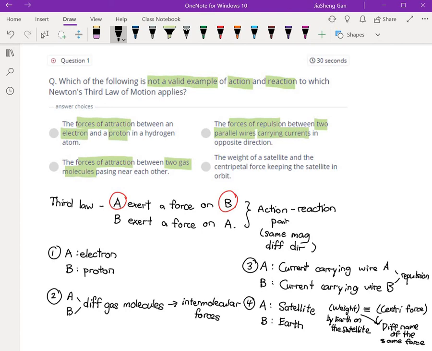So in this case, we cannot find the reaction force. The reaction force should be a force exerted by the satellite on the Earth, but we don't see that this force is being mentioned. The two forces being mentioned are weight and centripetal force, but they are exactly the same thing. They are not an action and reaction pair. So in this case, there is no action-reaction pair, so this is not a valid example.